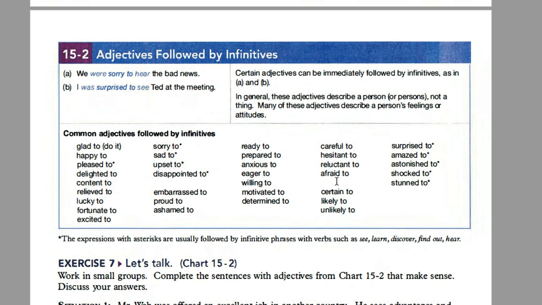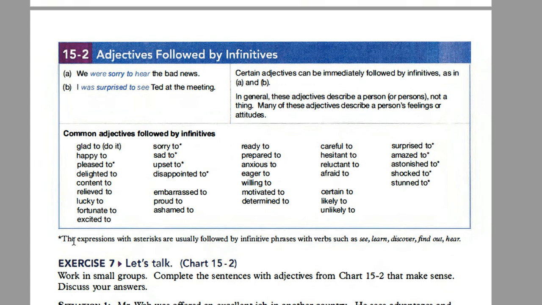All of these you can memorize as a composition. It's a kind of phrase. You need to remember adjective plus infinitive, and that's how we can assure that the sentence is totally correct.